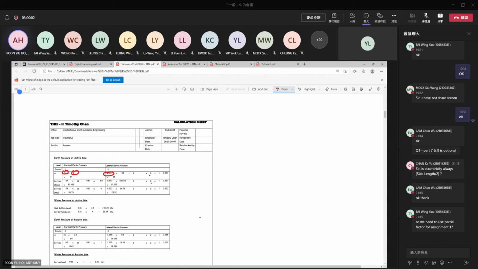And we calculate based on checking the sliding and also the overturning. So we actually calculate up to the top of the slab, bottom of the slab and bottom of the key. So we actually calculate the pressure up to this point and also up to this point.